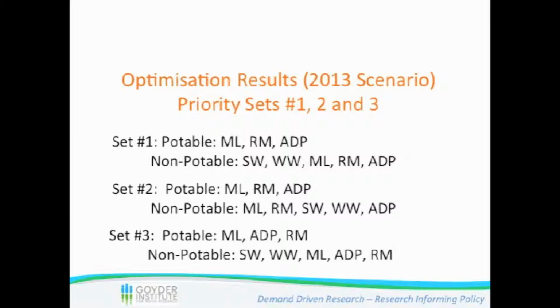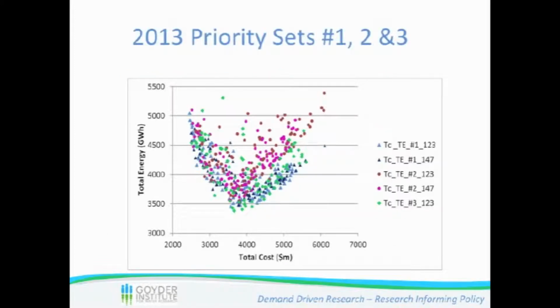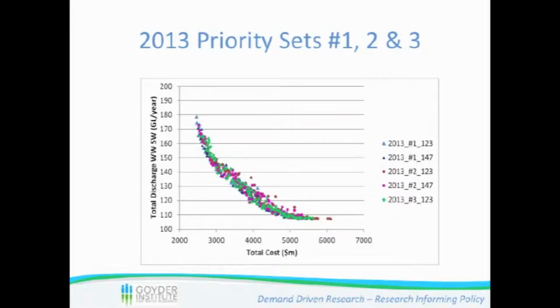But these priorities don't totally dictate what you're going to use, they just come into the modelling. That's a bit of a mess, but there are 3 different colours there indicating the 3 different priority sets. The magenta or purple ones are based on cost, so you can see for any energy level you get lower cost solutions, but there are similar trade-offs, and a similar trade-off between total discharge to the Gulf and cost.